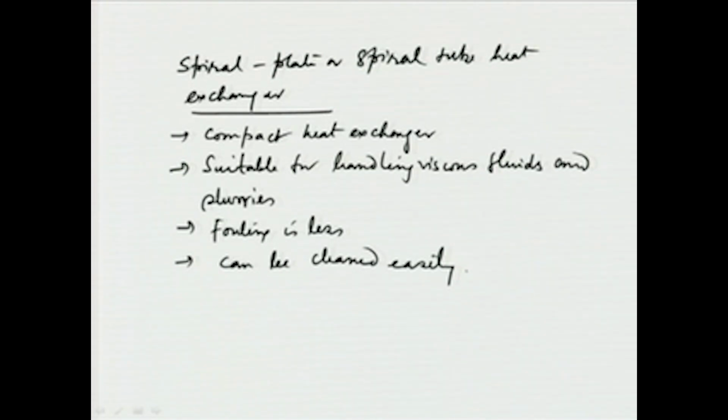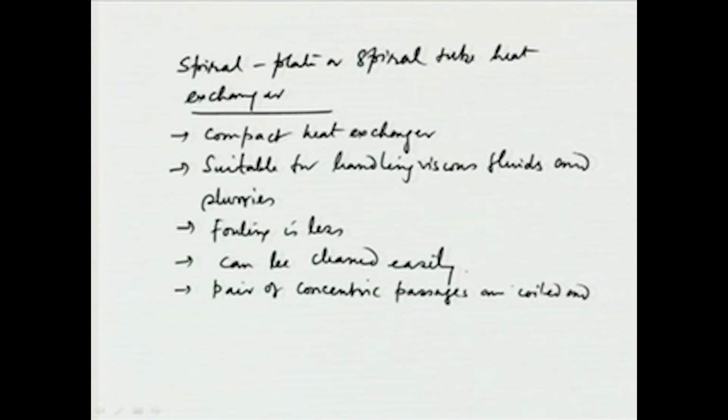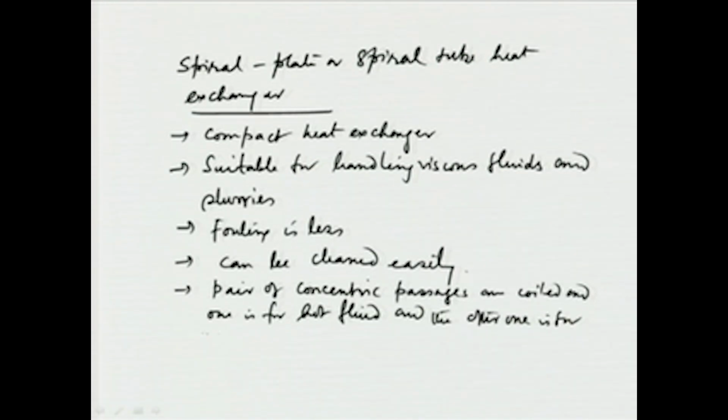Okay, so what happens in this case, particularly for spiral plate, is that a pair of concentric passages are coiled, and one is for hot fluid and the other one is for cold fluid.